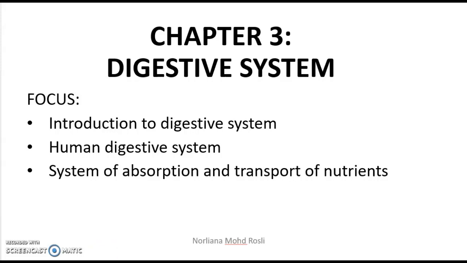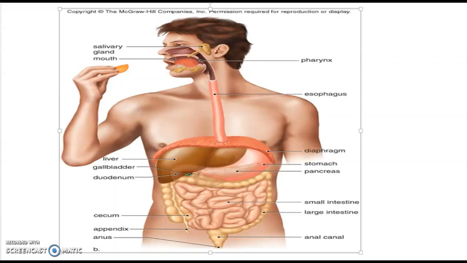The human digestive system consists of the gastrointestinal tract plus the accessory glands of digestion. Digestion involves the breakdown of food into smaller and smaller components until they can be absorbed and assimilated in the body.